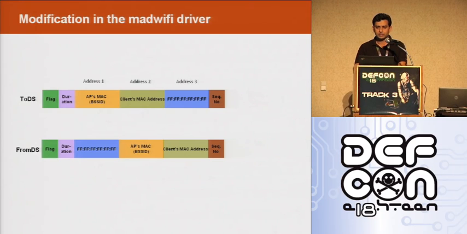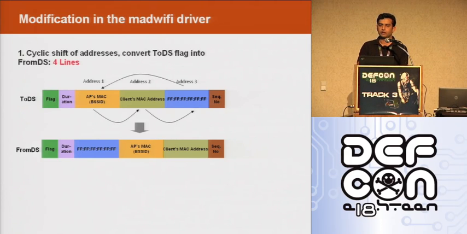But if you notice, there is not much difference between a To DS frame and a From DS frame. If you do a cyclic shift, a To DS frame will become a From DS frame. You move address 3 to address 1, address 1 to address 2, and address 2 to address 3, and it will become a From DS frame, right?